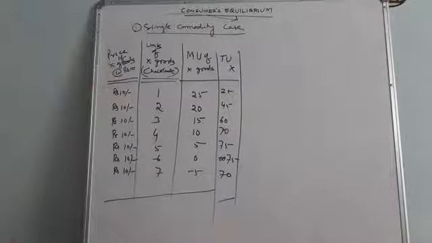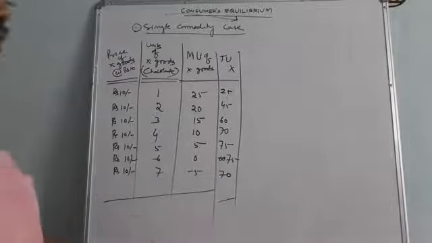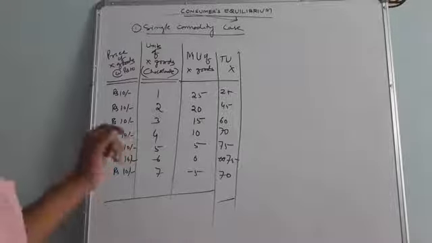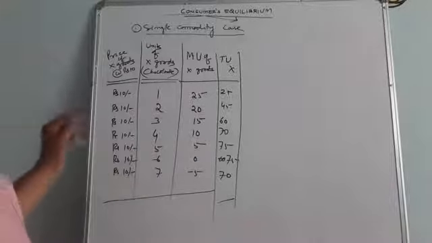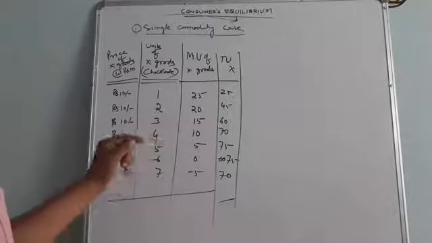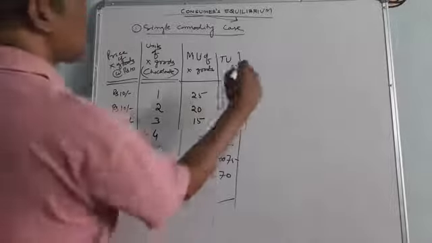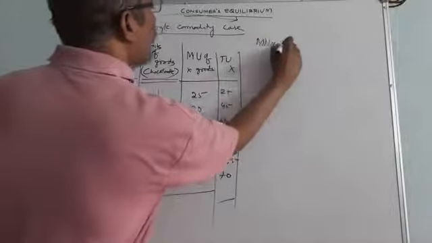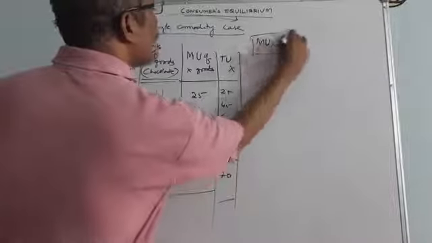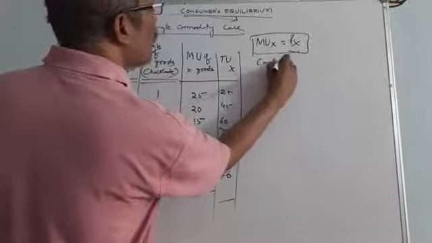Our analysis of consumer's equilibrium. Here is the assumption that 1 unit is equal to marginal utility also 1. We have already known the summation of marginal utility equals total utility. So condition 1: the marginal utility of X equal to the price of X is the condition of consumer's equilibrium.